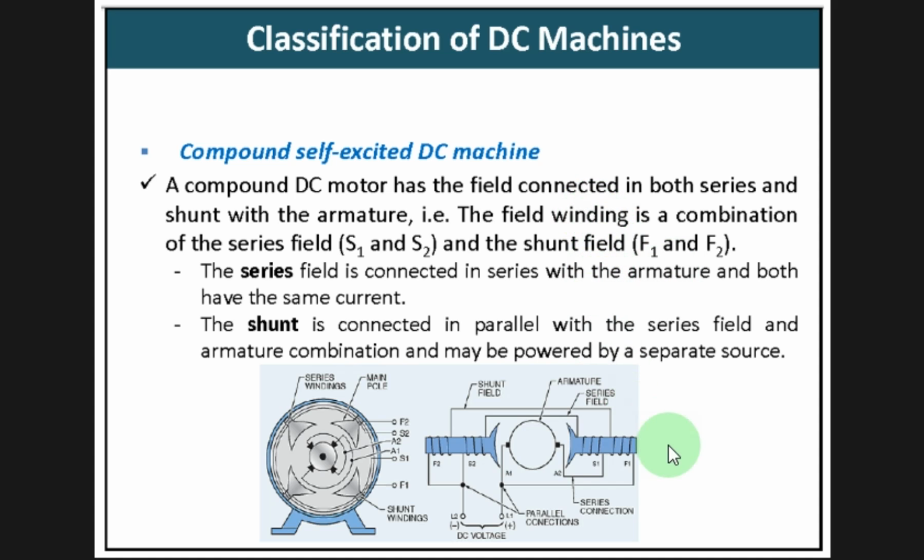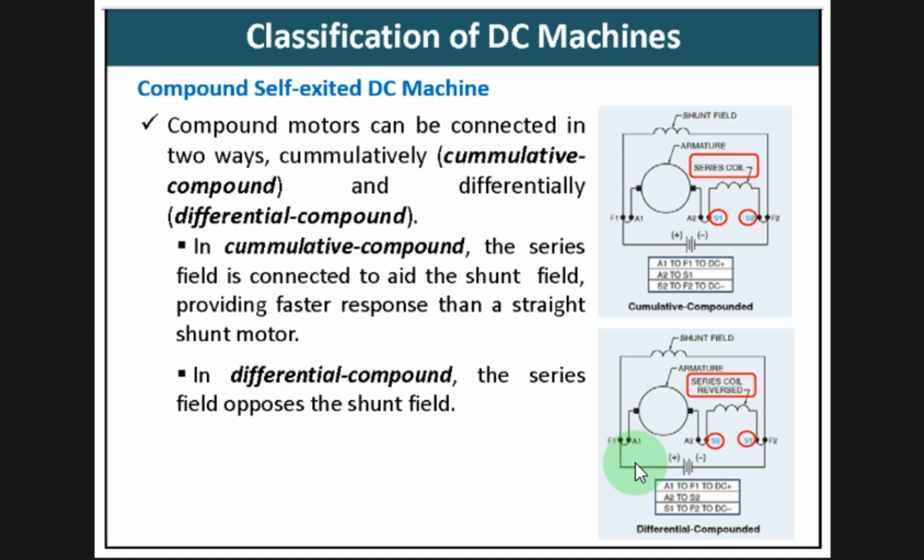Again, these compound self-excited DC machines can be classified into two separate kinds. One is called cumulative compound and the other one is called differential compound.